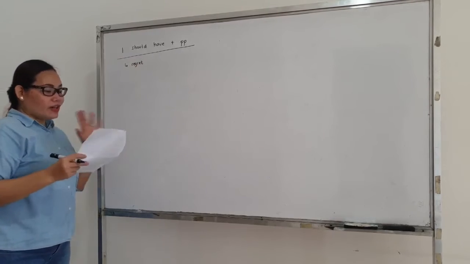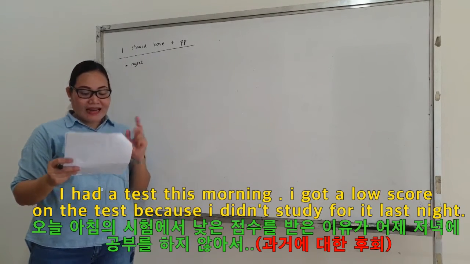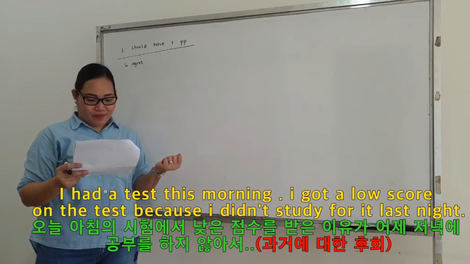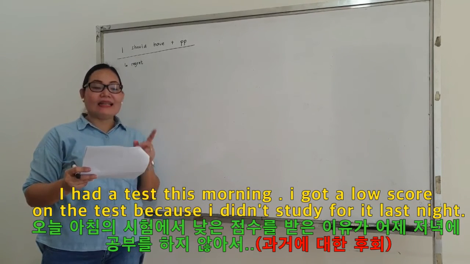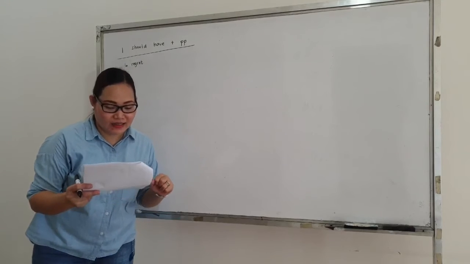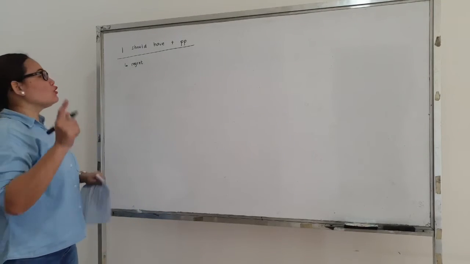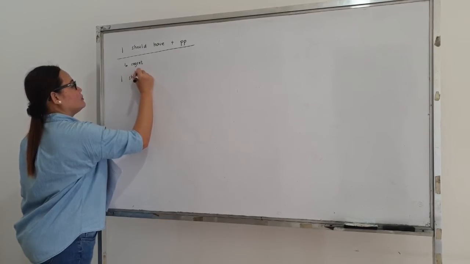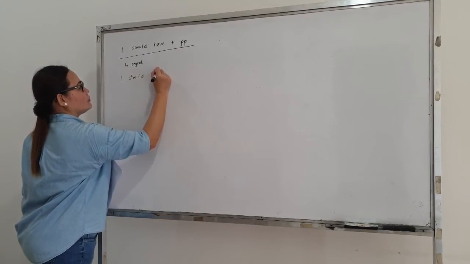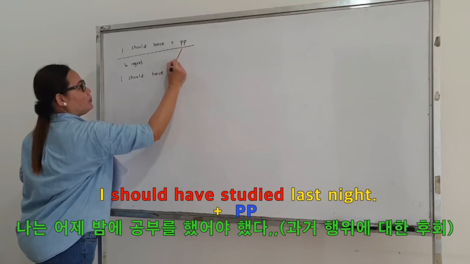So for example, I had a test this morning. I got a low score in the test because I didn't study for it last night. So I should have studied.